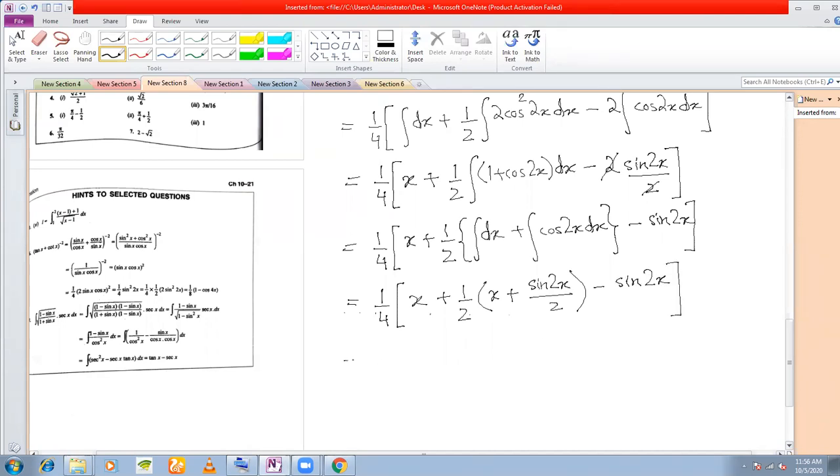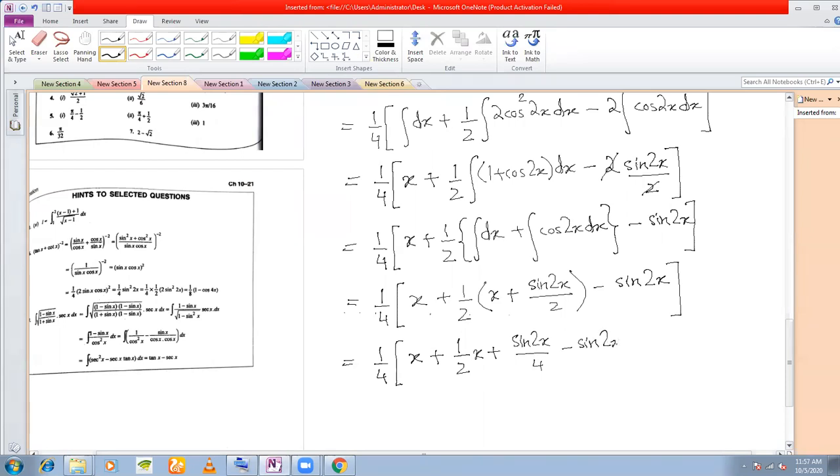So this becomes 1/4 of x plus, if you want to open the brackets, you can open the brackets, half x plus sine 2x by 4 minus sine 2x.